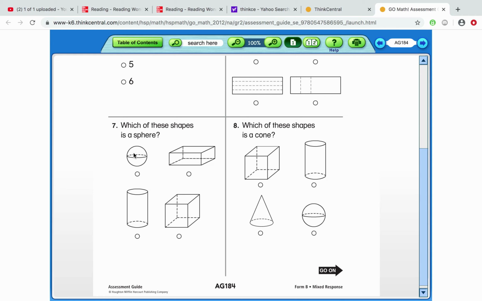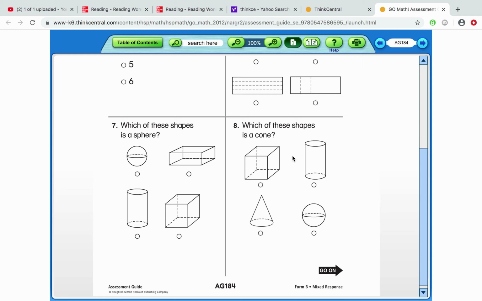The dotted line represents the opposite side, or what you can't see. Okay, a sphere is the shape of a ball. So just do your best. Make a circle. I'll know what you mean. I'll know if you do a circle for sphere, it's not any of these shapes. Okay, so that's your first answer right here, which is correct for number 7.